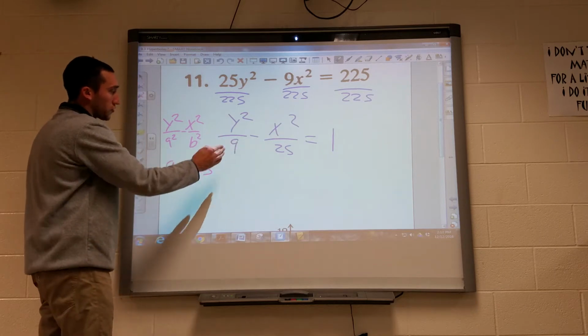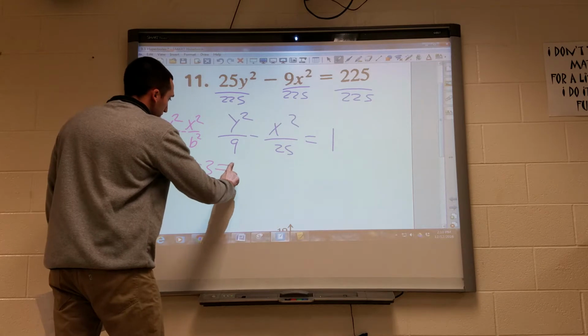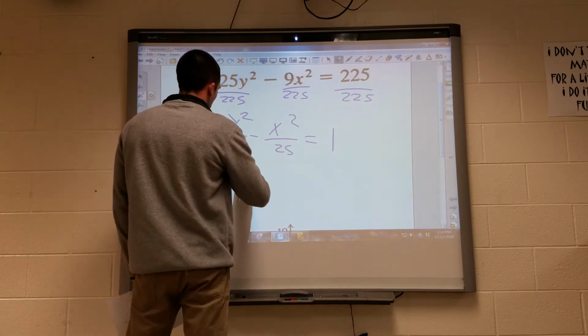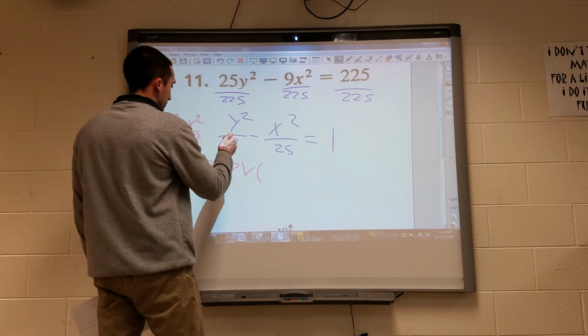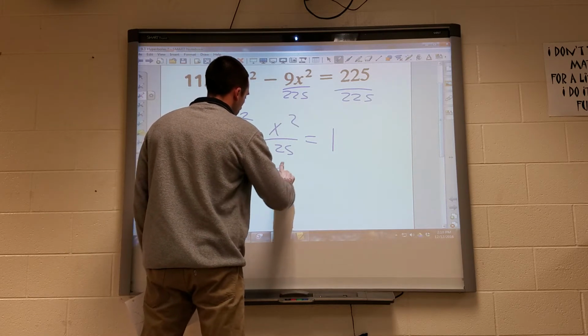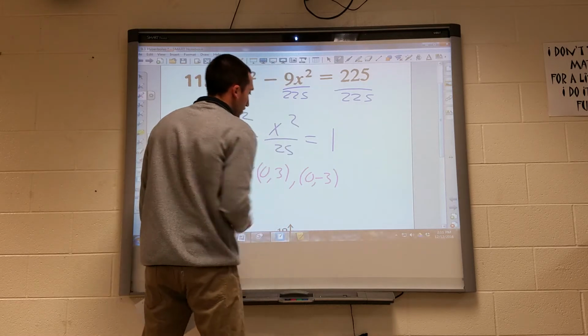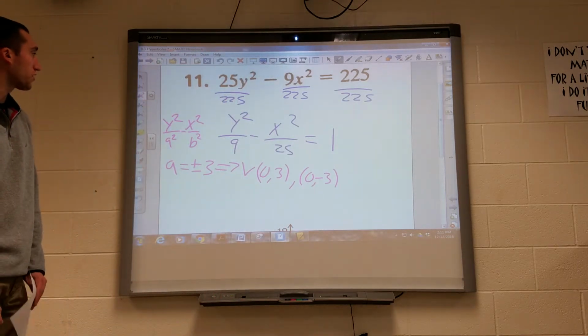Because a squared is equal to 9. So that means my major vertices are, and since this is a vertical, it's going to be (0, 3) and (0, -3). Okay, so those are my major vertices.